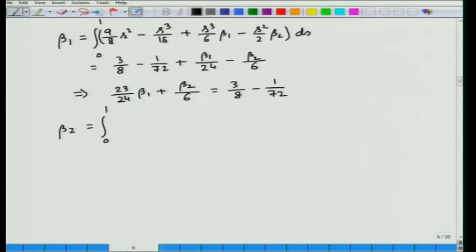equal to integral 0 to 1, the previous integrand has to be multiplied by s, because beta 2 equal to integral 0 to 1 s y(s) ds.